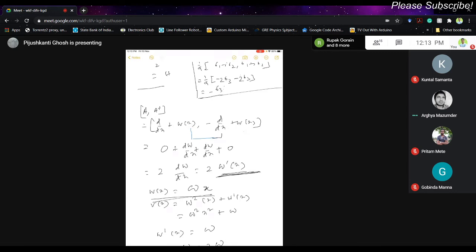So use that relation, use this commutation relation for A dagger. Can you identify A as the annihilation operator and A dagger as the creation operator? No, you cannot. So that's the difficulty, and that's why other than the harmonic oscillator case, you don't talk about any annihilation or creation operator.